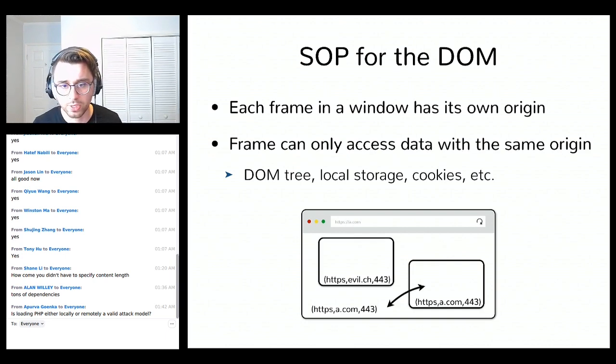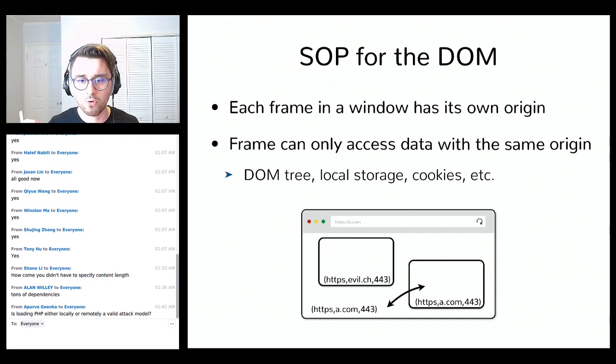For example, here I have three different frames. I have the top level frame, which is a.com and 443. And then I have two iframes. One is evil.ch. The other one is another a.com. Because these two are of the same origin, this outer page can modify this iframe here.